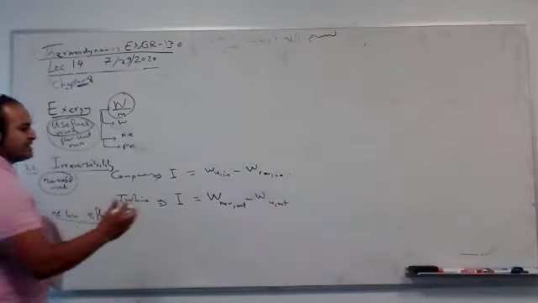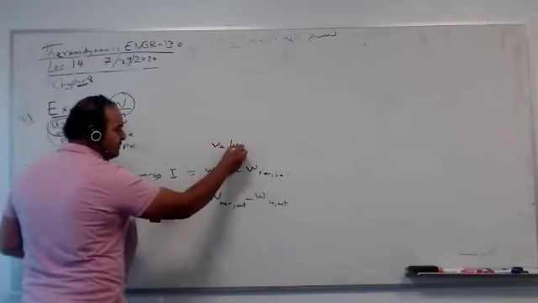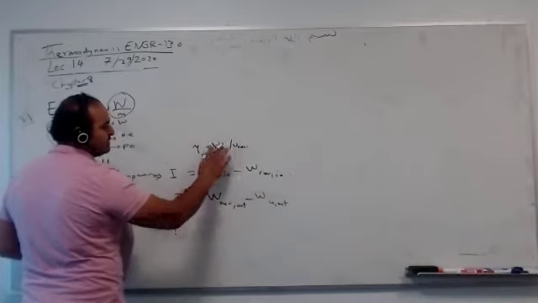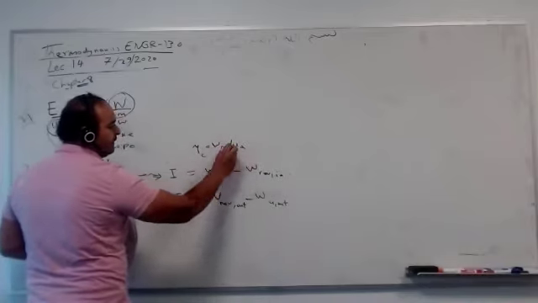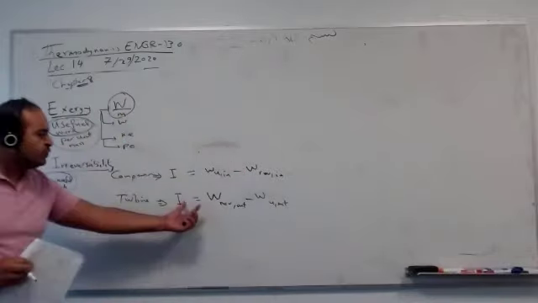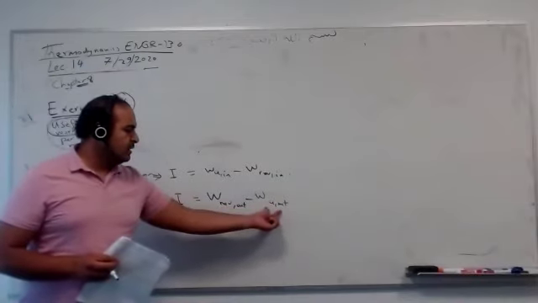Remember, if this was a division, W reversible over W actual, we call it eta compressor. Small over big. The same for the turbine. For the turbine, I wish to get more work, but I get less.